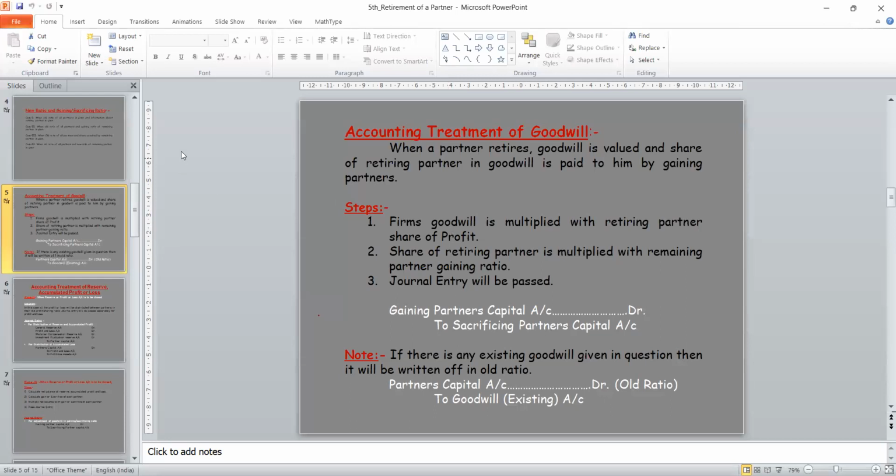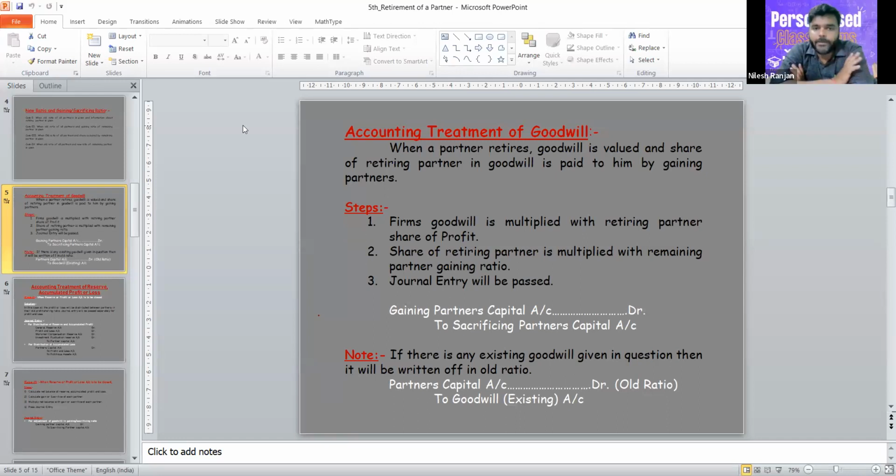Let's say the firm's goodwill is 1 lakh, and among A, B, C, D, if the retiring partner's share is 1/4, then he will get 25,000: 1 lakh into 1/4.